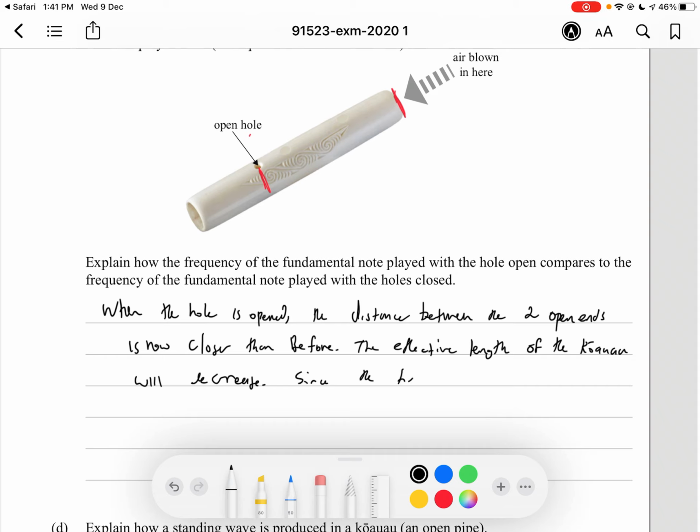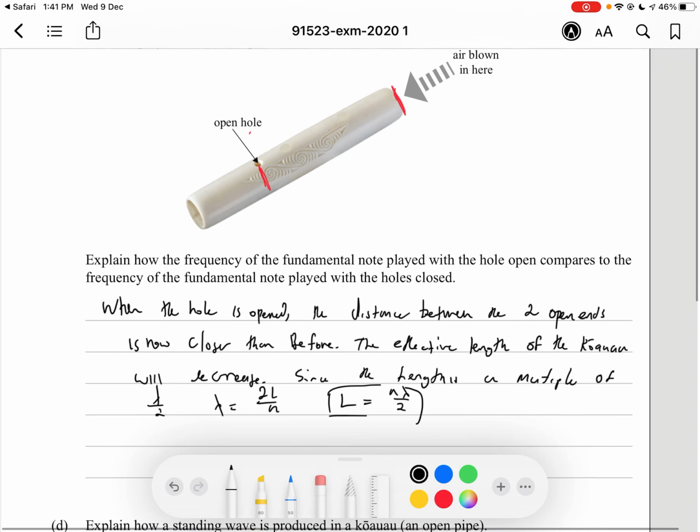Since the length is a multiple, we can link that to lambda equals 2L over n, or we can say that L equals n lambda over 2, so we can see it's a multiple of half a wavelength, so L equals lambda over 2.